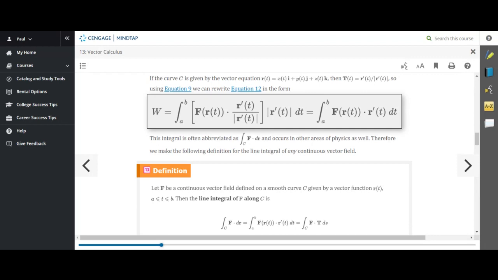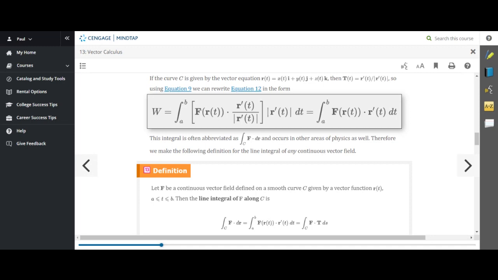That would be how ds/dt would be. Yes, so there then is an expression to find the work.